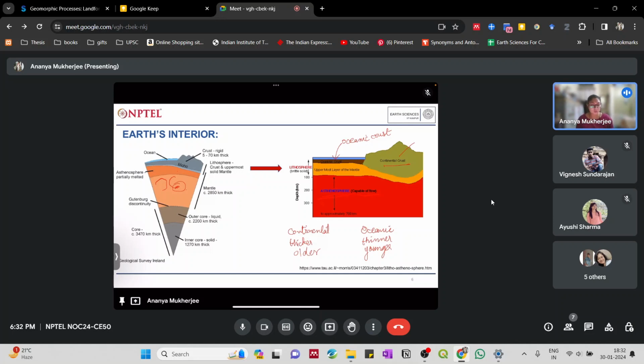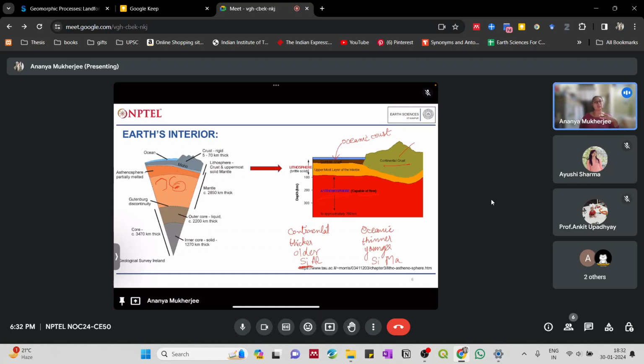Most of the continental crust is made up of silica and aluminium. Considering the composition of the continental crust, the major abundant element is silica, whereas your oceanic crust is mostly made up of silica and mafic minerals.